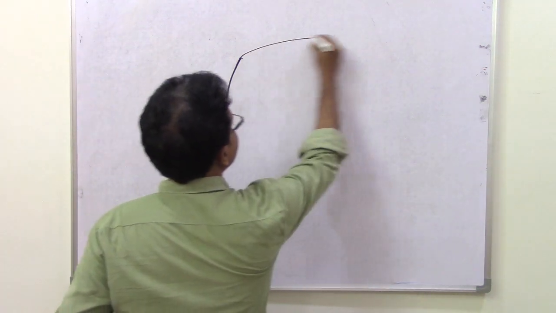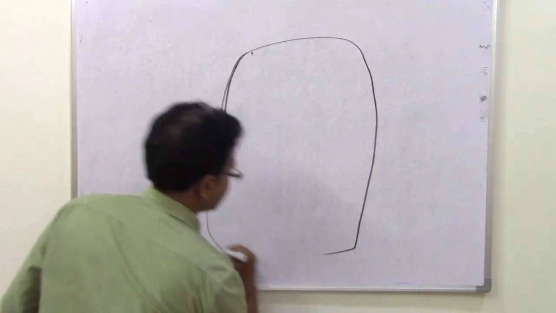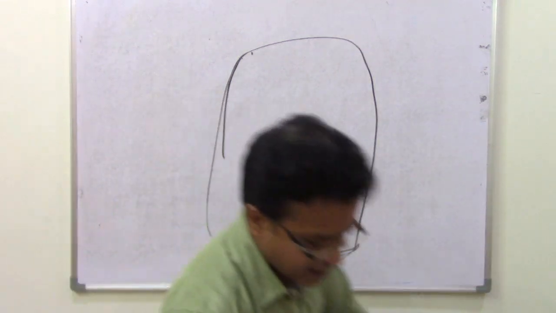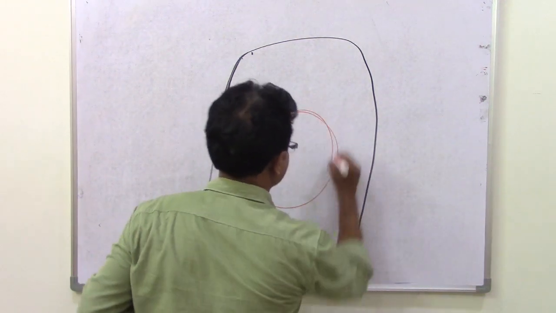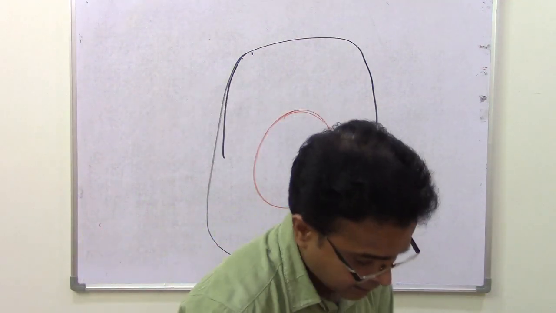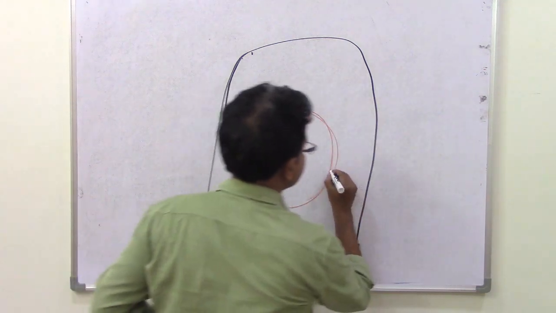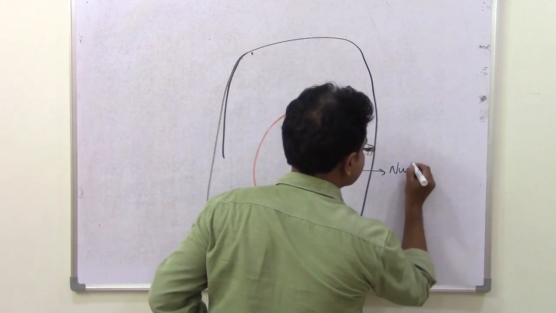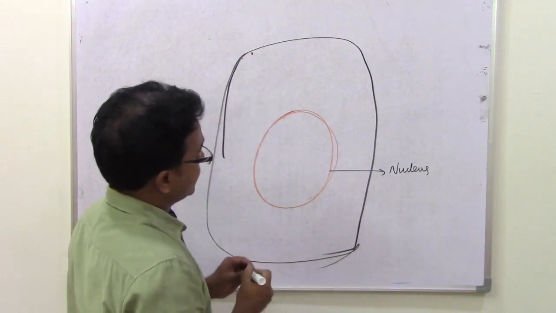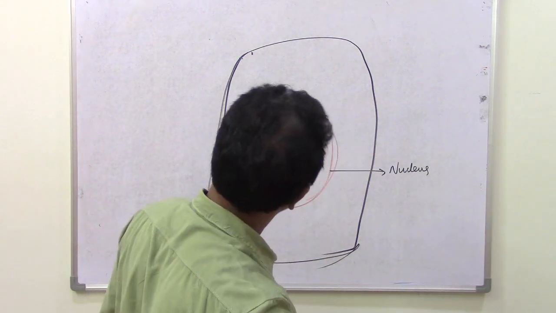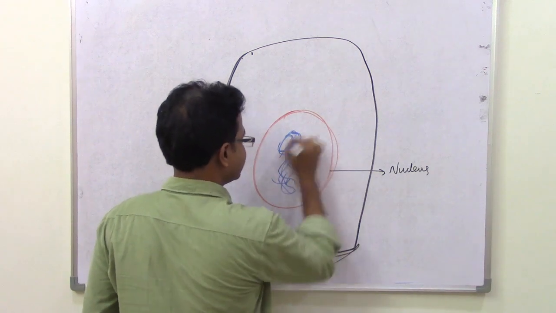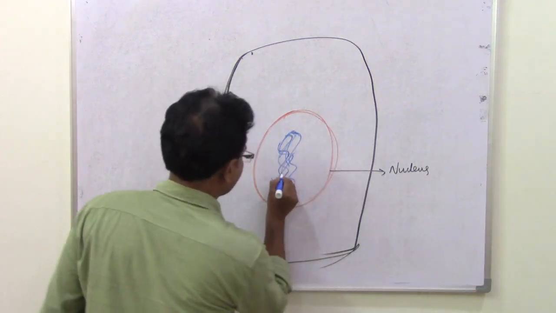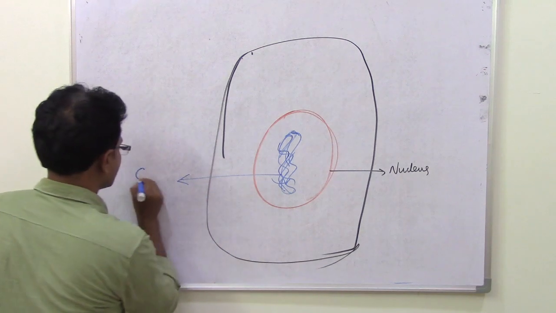If you look at a cell, in the center we have the nucleus of the living cell, and in this we have the genetic material called chromosome.